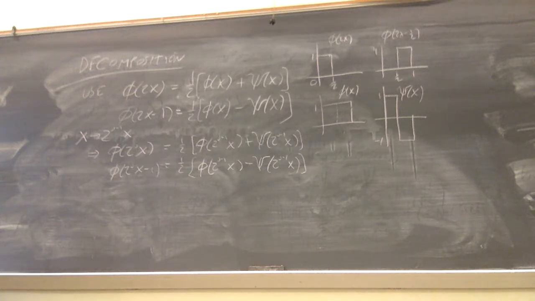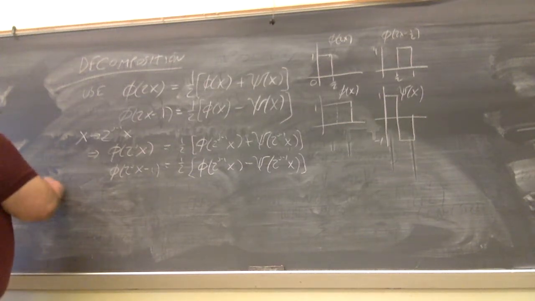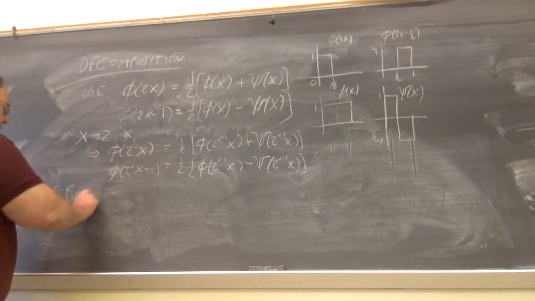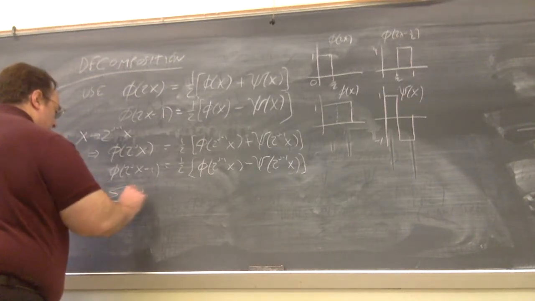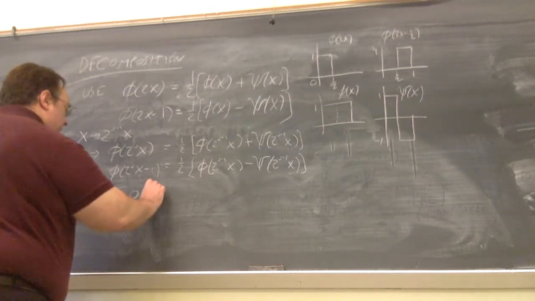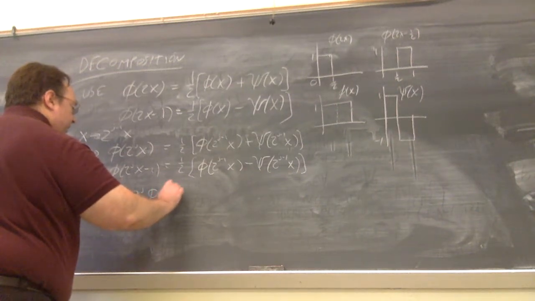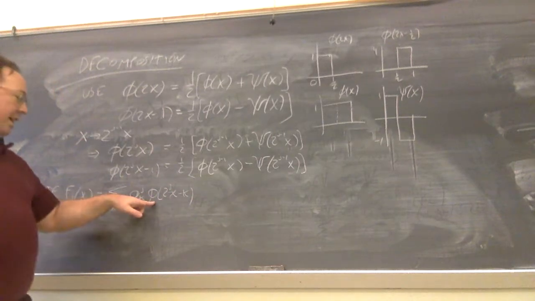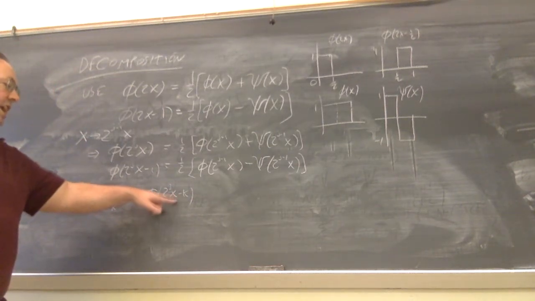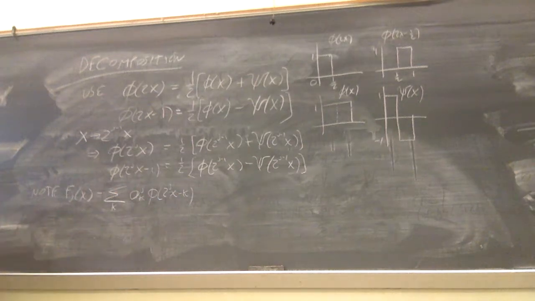So this is what we're going to use to, well, okay. Why is this helpful to us for decomposition? Because our function f, or fj, is originally represented this way, in terms of phi at 2 to the jx with shift.